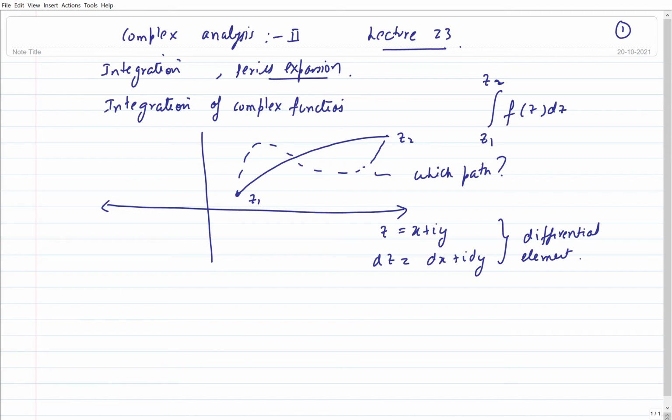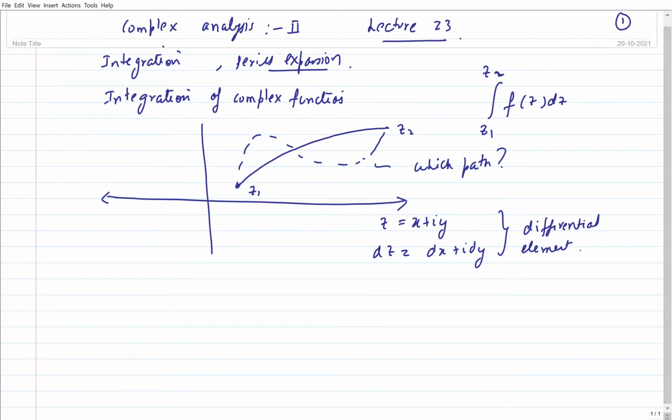Now we start from our canonical definition of a function, u(x, y) plus i v(x, y).